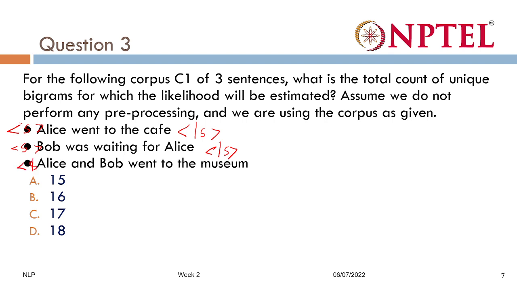Again here, this is the start and this is the end of the sentence token. So now you try to attempt it. It's 18:30 as of now. I'll give you 2 minutes to solve. Then we will see how we can proceed with the solution.